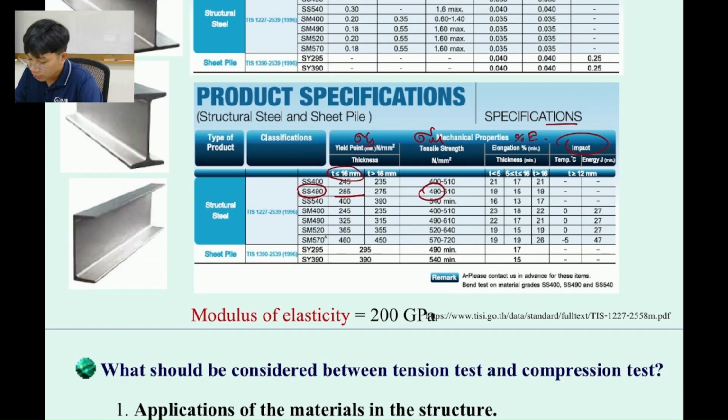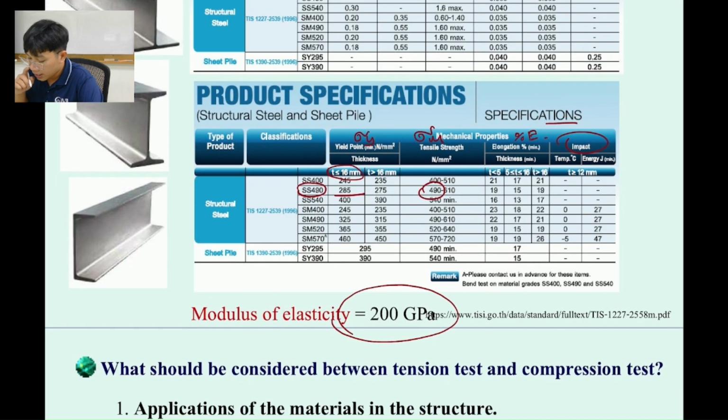And lastly, it's going to be the modulus of elasticity. They may have stated in the first page that all of their steel is going to have a minimum modulus of elasticity equal to 200 gigapascal over here. Okay, so this is how we read it.